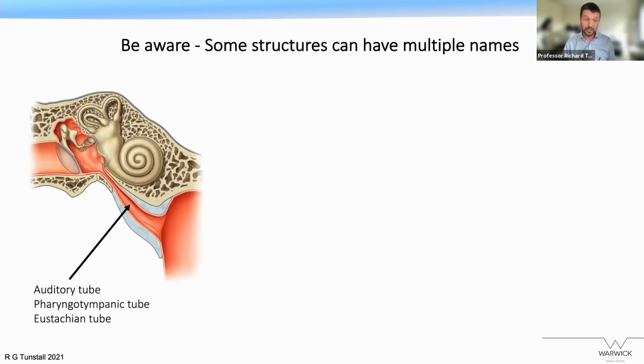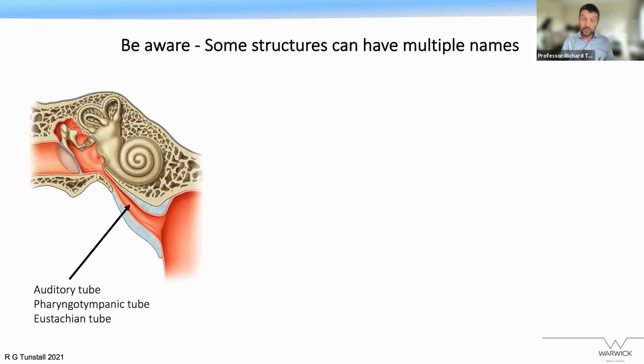Here's an example. There is a tube that connects the middle ear to the throat. You might know this tube as the eustachian tube. Many people do know this name, but it's also known as the pharyngotympanic tube, and it's also known as the auditory tube. This isn't really helpful for new learners. It's a lot of information.